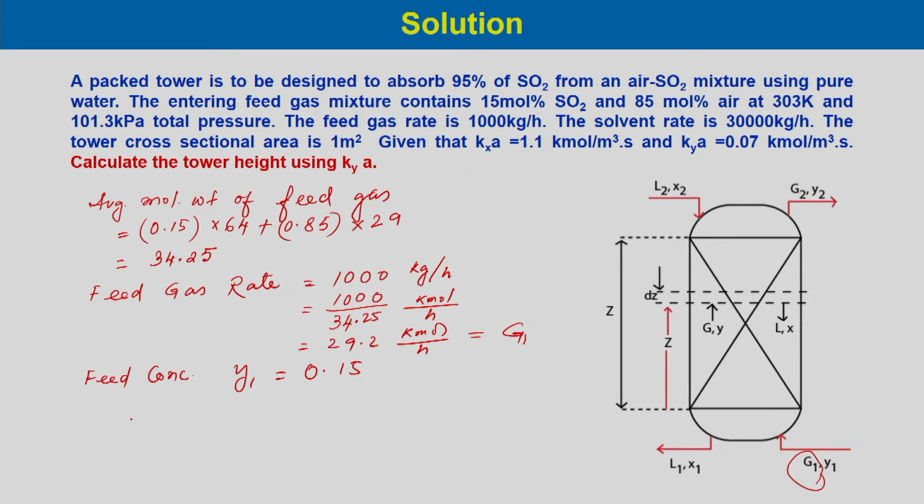If we want to calculate in mole ratio unit, capital Y1 is equal to small y1 divided by 1 minus y1, which is 0.15 divided by 1 minus 0.15, about 0.177. This is in mole ratio unit.